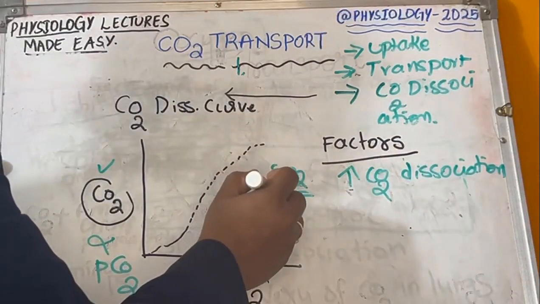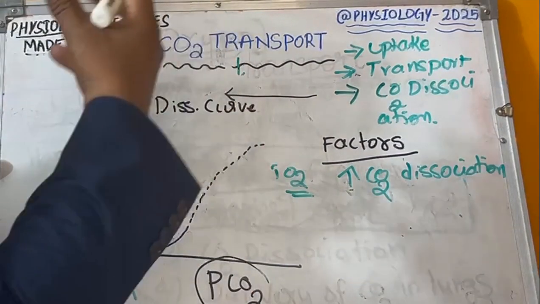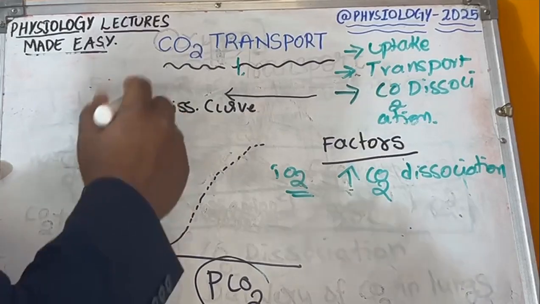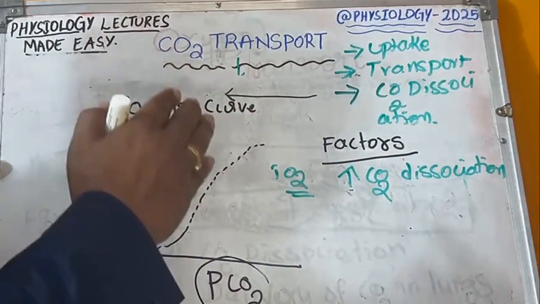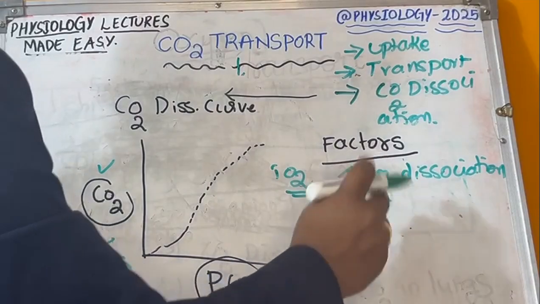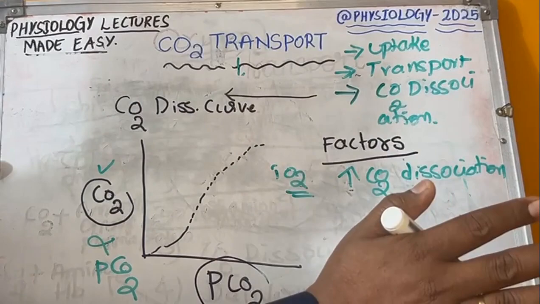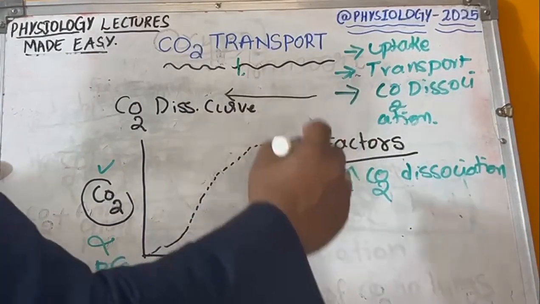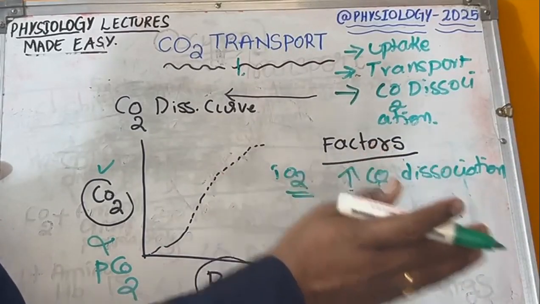When the oxygen level increases at the level of the lung, oxygen is added to the hemoglobin. When the oxygen is added to the hemoglobin, at the same time CO2 leaves the hemoglobin, dissociating from RBC or hemoglobin, and the carbon dioxide leaves the body.